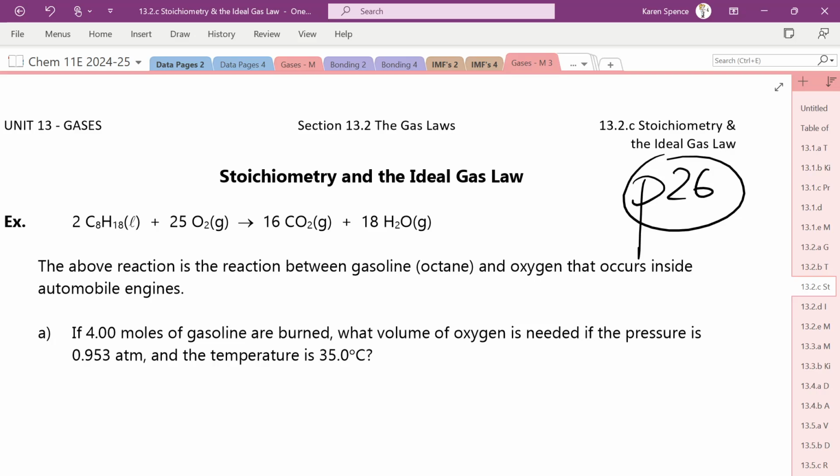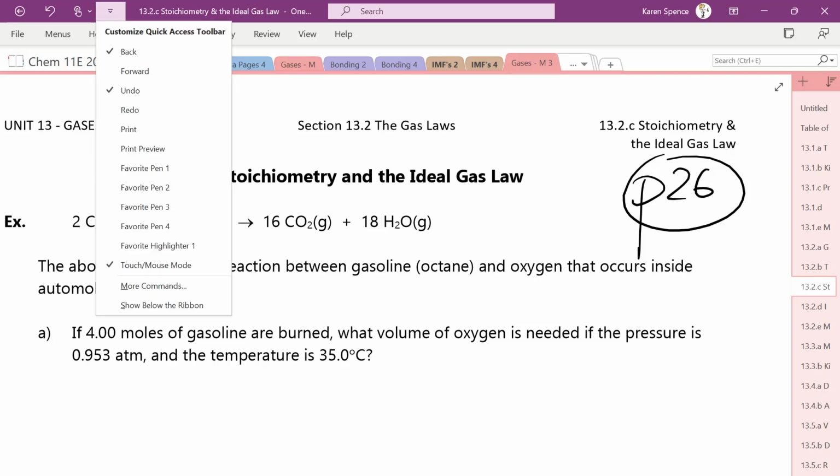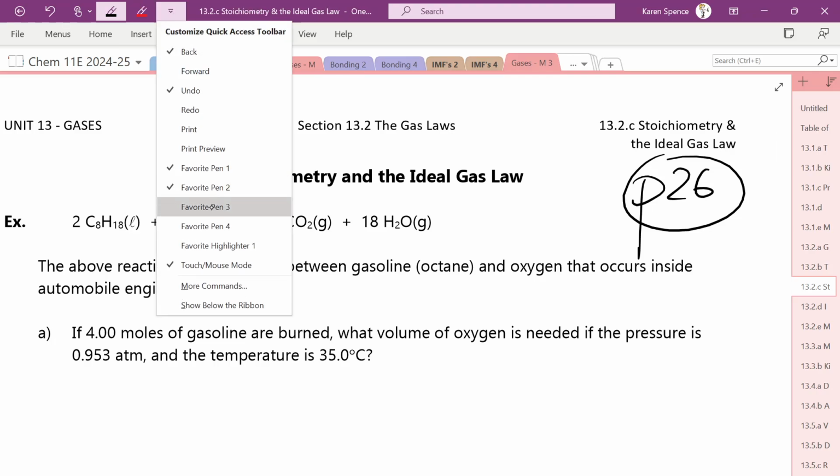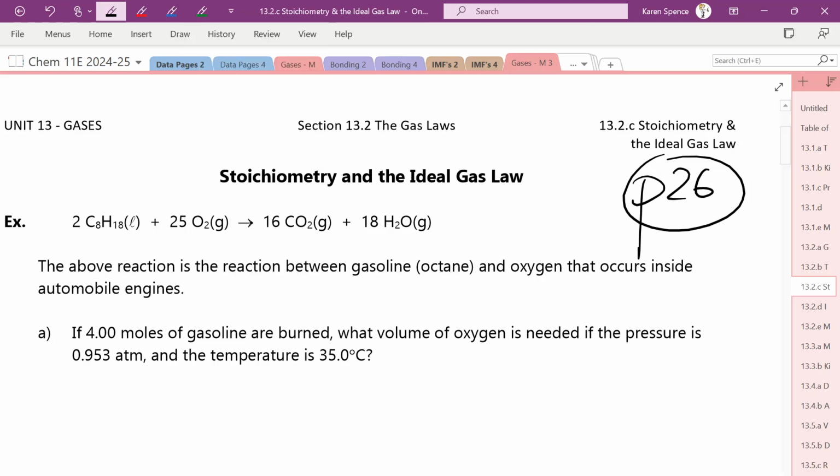Okay, so stoichiometry. There's nothing new here, right? It's just like regular stoichiometry. And if you recall, stoichiometry is all about finding the mole ratio and the moles. So you need a balanced equation, and in this case, it's quite nice because you are given a balanced equation.